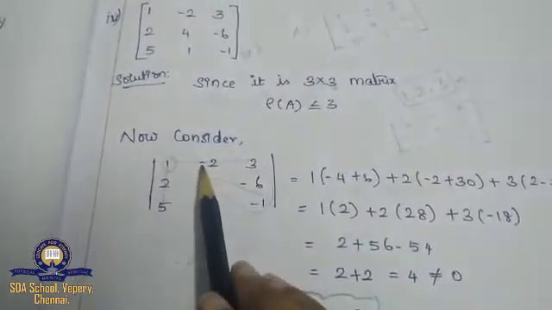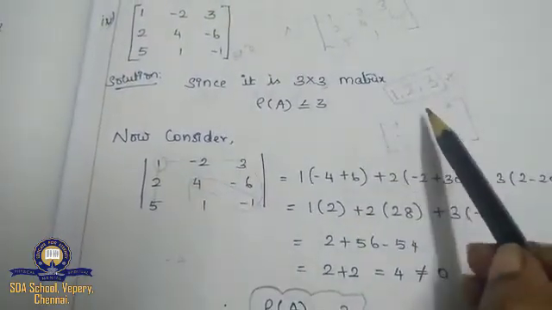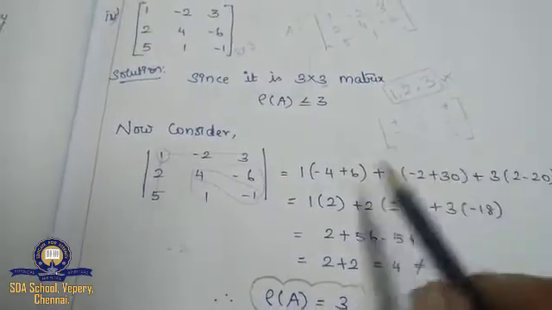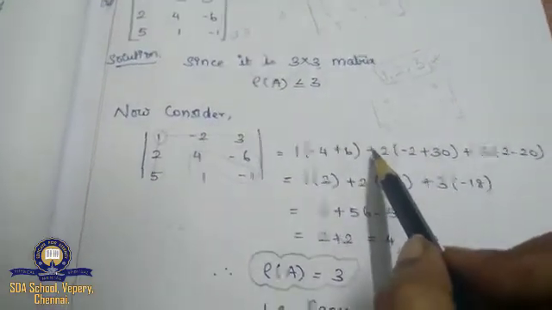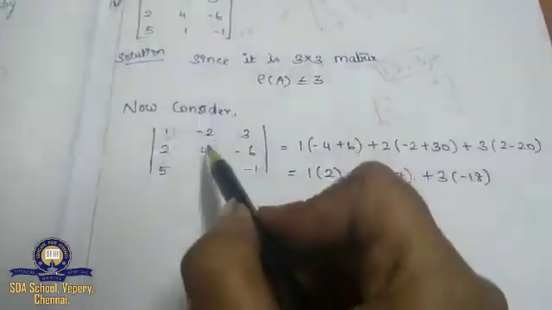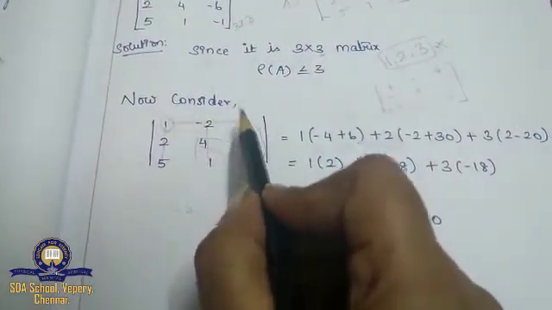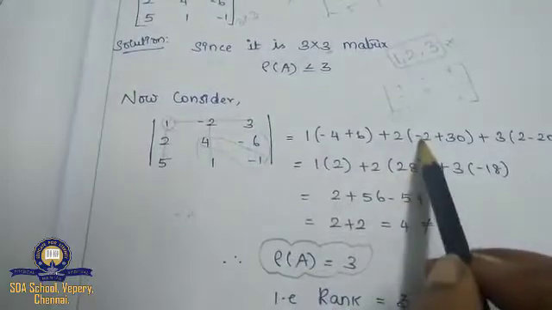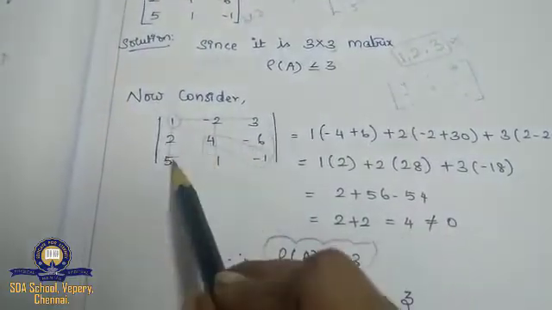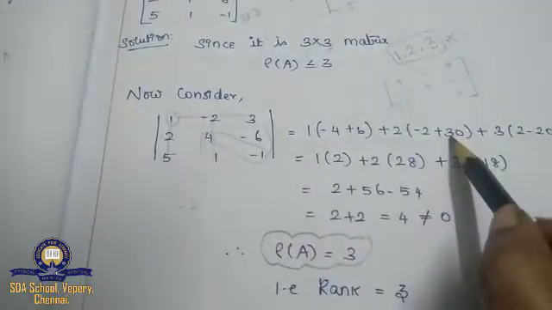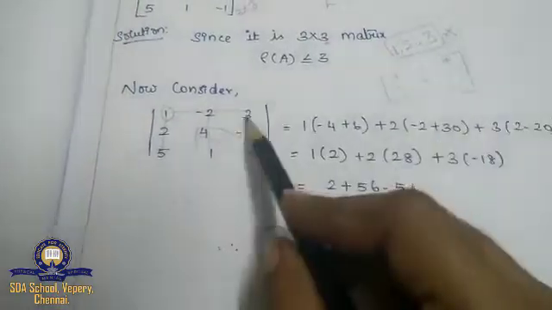Your second number is minus 2. Already you'll have one more minus, so totally plus, so plus 2. And in the same way the corresponding column and row get neglected. 2 into minus 1 is minus 2, minus 6 into 5 is minus 30, so minus 2 minus 30. And next value is plus 3.